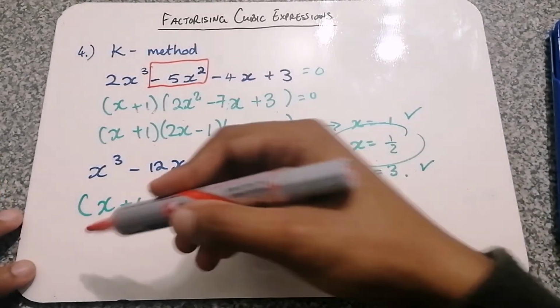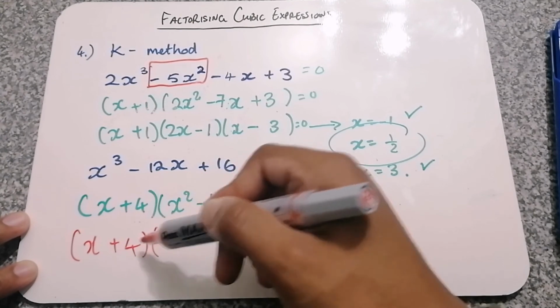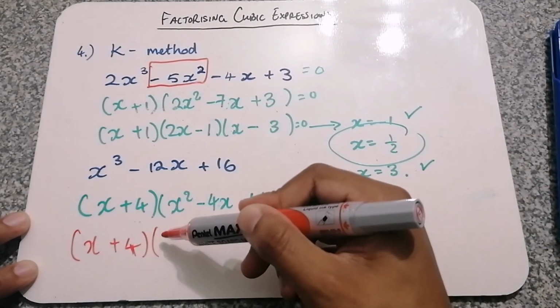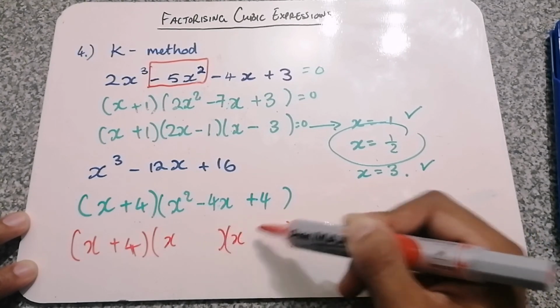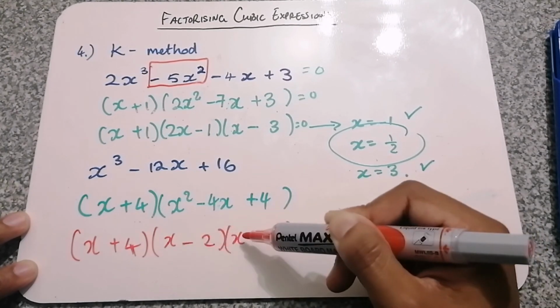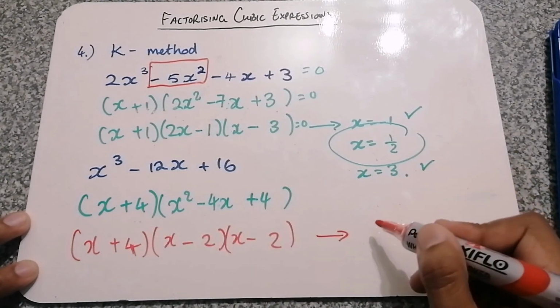Now, factorizing this trinomial further is easy because that's just a perfect square. The factors of 4 are 2 and 2. Both brackets should be negative. So here are the solutions for x.